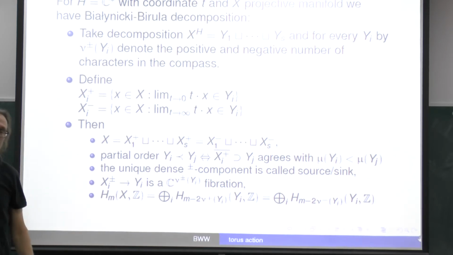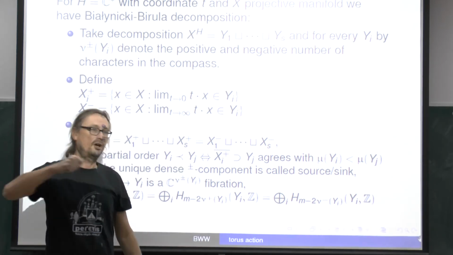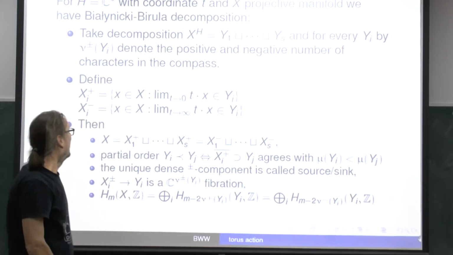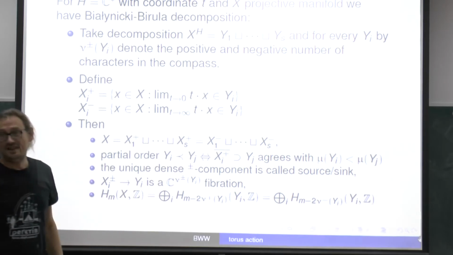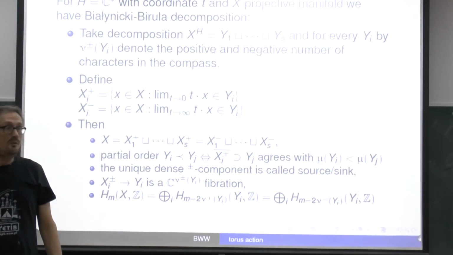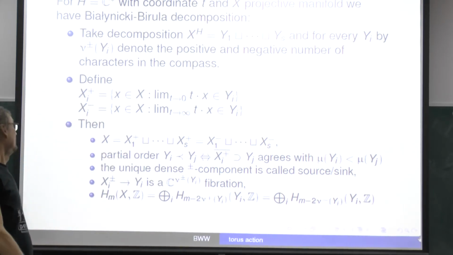So now you take just a point in the variety, and if you want to have the positive cell, then you let it flow, and eventually the closure of the orbit defined by this point will hit some fixed point, okay? Then I say that if I fix a component, Yi, then I'm taking all these points, and this is the cell decomposition, which with the positive flow will hit this component, okay?